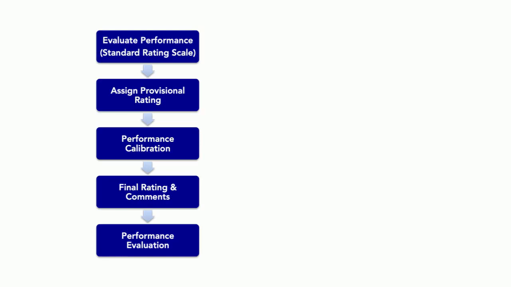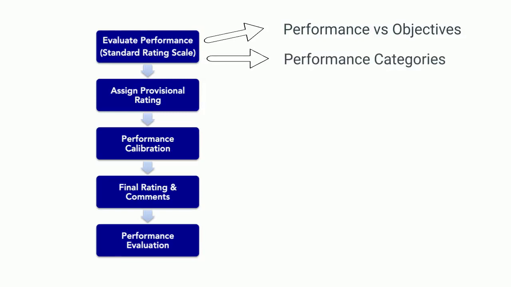Having set objectives for the year, you now want to evaluate performance against these objectives. The evaluation process needs to be fair and equitable across the organisation. To achieve this, employees are assessed against a standard rating scale of performance categories. Based on this assessment, a provisional rating is assigned.